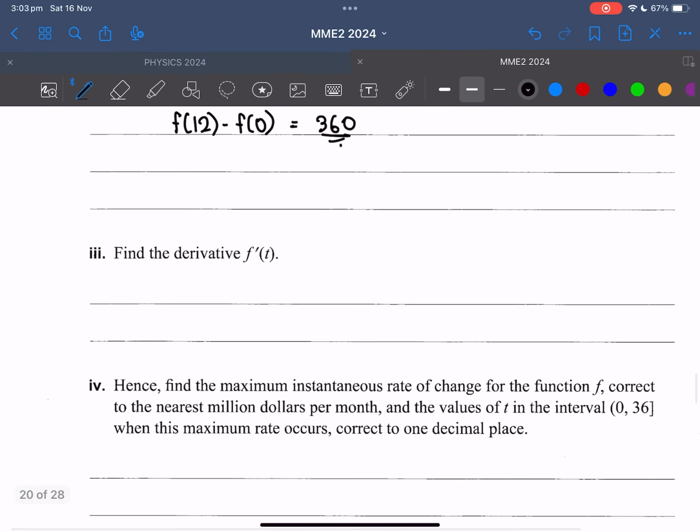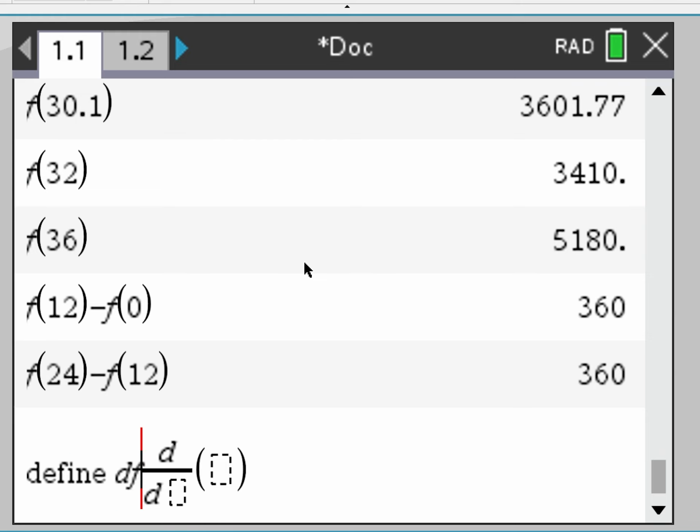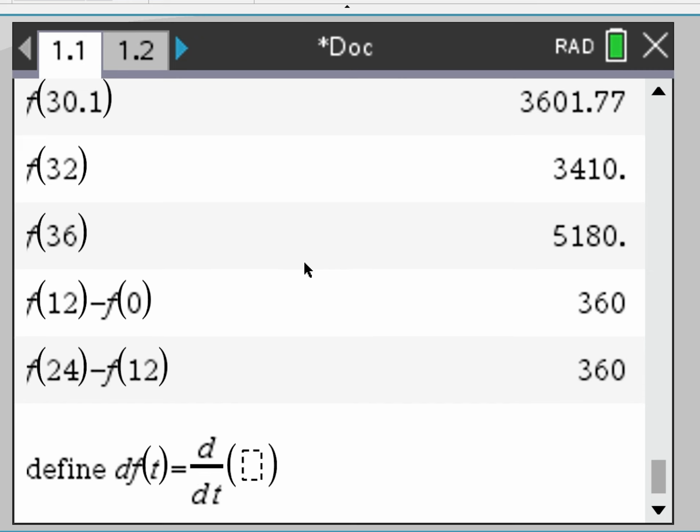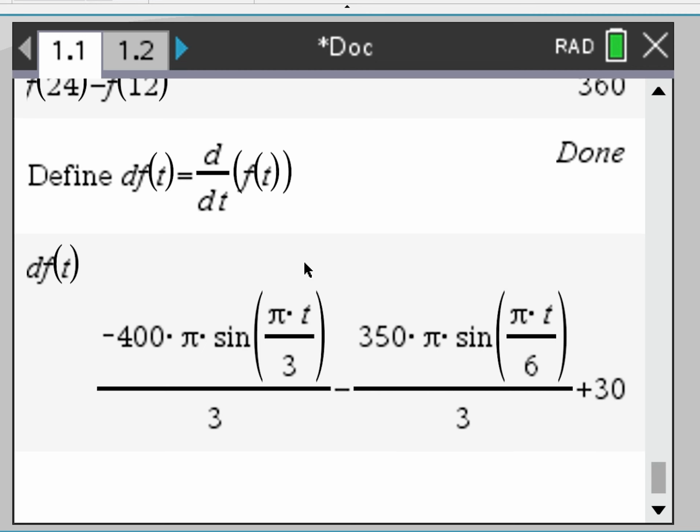Find the derivative of f. So again, we just have to differentiate. So doing this on CAS, so menu 4 1. Let me define it as well. df of t is equals to d/dt f of t. So df of t is going to be that. So let me just copy that down.